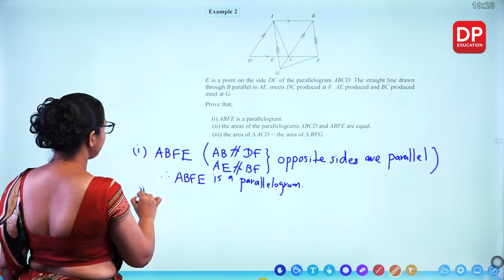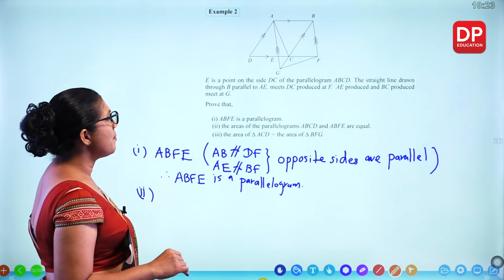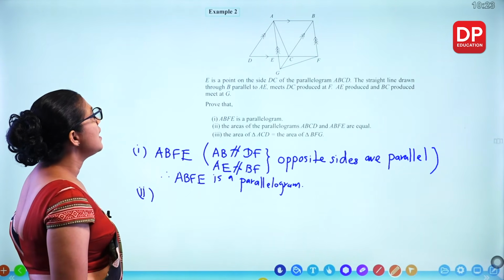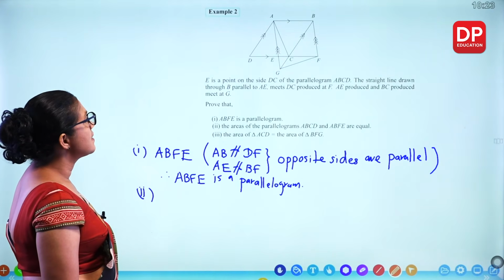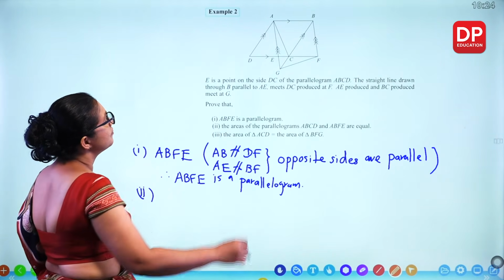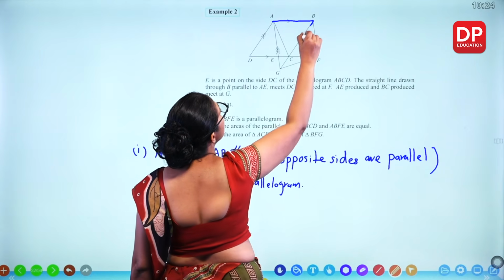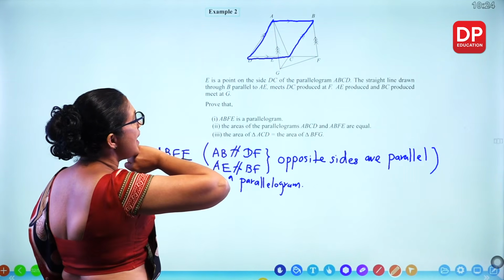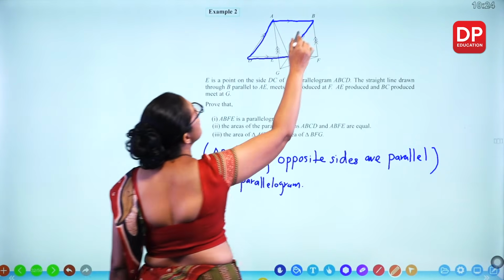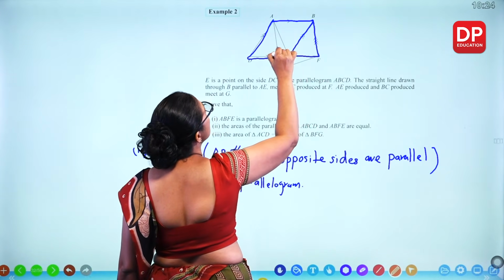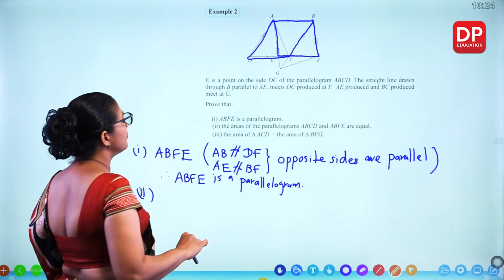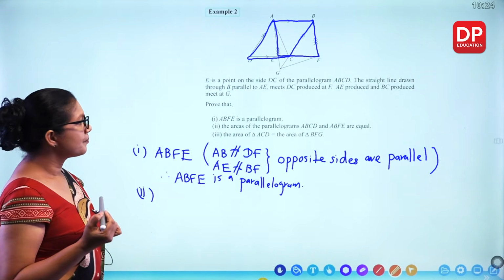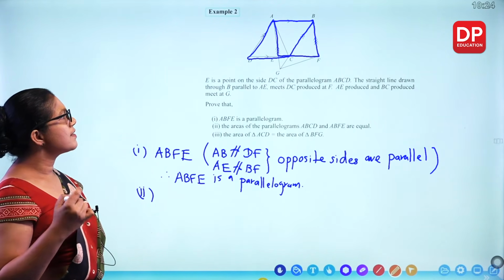Second part. The areas of the parallelograms ABCD and ABFE are equal. What can you say about these two? Both are equal. What's the reason?